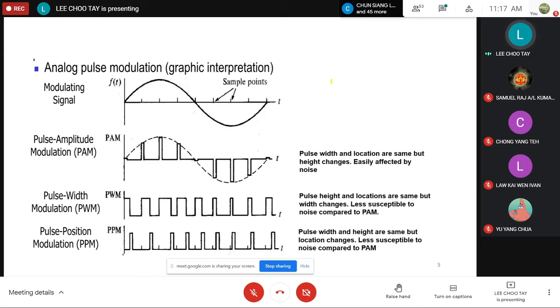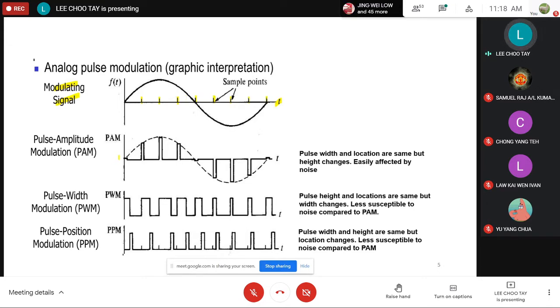These are the graphical representations of the three types of pulse modulation techniques. The first graph shows the modulating signal, or what we call the message signal, in the time domain. These are our sampling points, meaning we're going to read the amplitude of the modulating signal at these times.